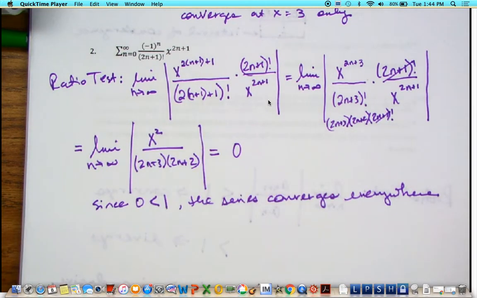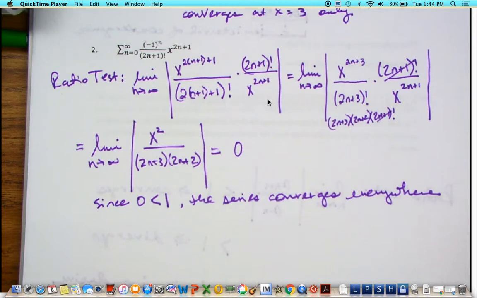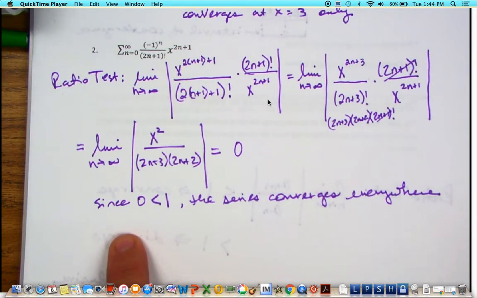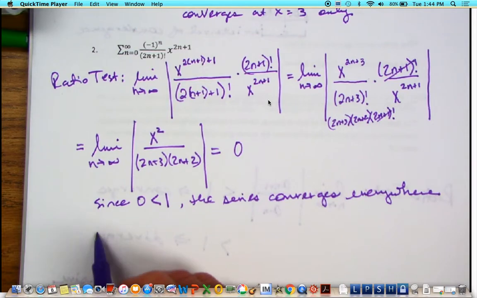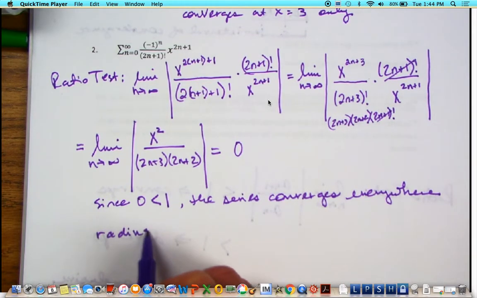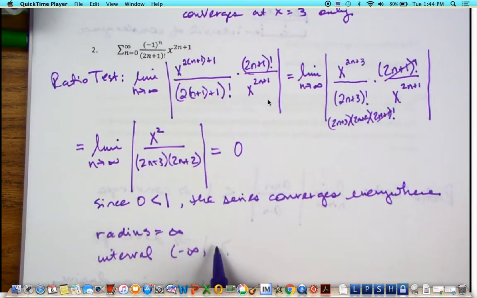You're going to see in the next example where you get something other than 0 and there's more work involved. But it will still be less than 1. It's going to have a variable in it. That's what will happen. Okay, so the series converges everywhere. So the radius is what? Infinity. And the interval is negative infinity to infinity.